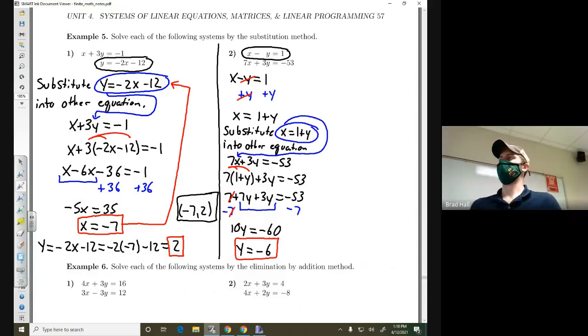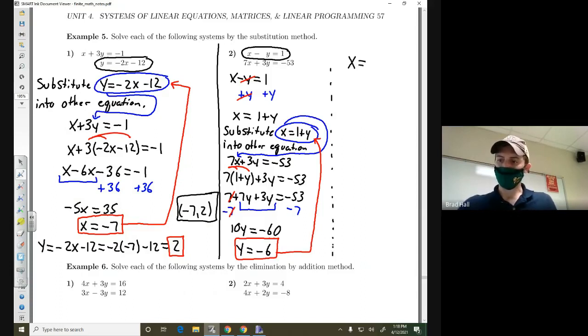But we're not done. We need a point of intersection, which means we need an x and a y. We're missing an x. So we need to plug this back into our substitution equation. Let's go ahead and do this on this side.